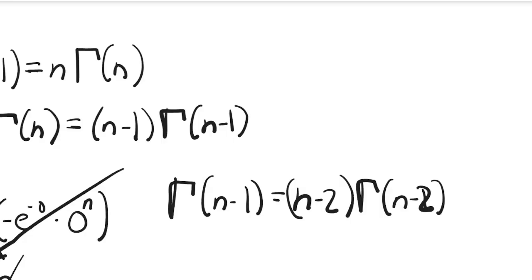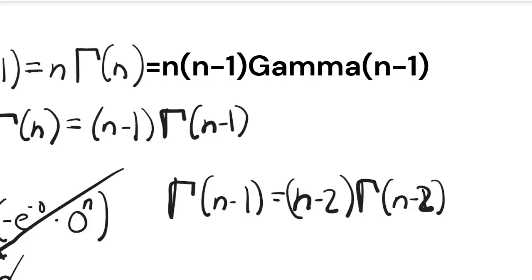And now let's plug, for example, gamma of n here. So this is n times gamma of n, but gamma of n is equal to n minus 1 times gamma of n minus 1. But gamma of n minus 1 is equal to n minus 2 times gamma of n minus 2. So we are going to plug that in.